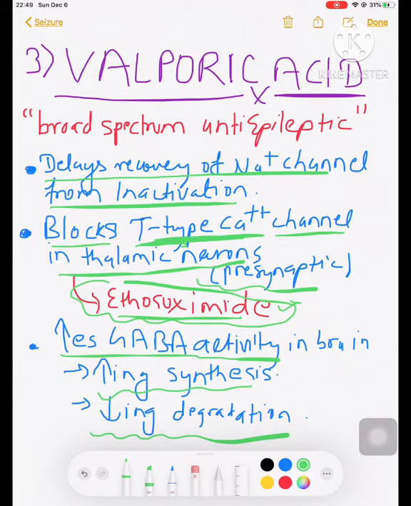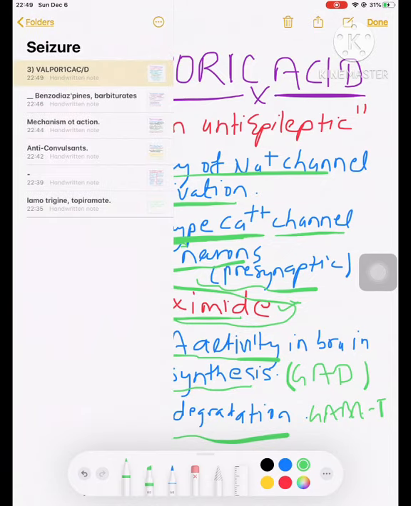It increases the synthesis of GABA by stimulating the enzyme glutamic acid decarboxylase, or GAD, and it decreases the degradation of GABA by inhibiting the enzyme GABA transaminase, or GABA-T.